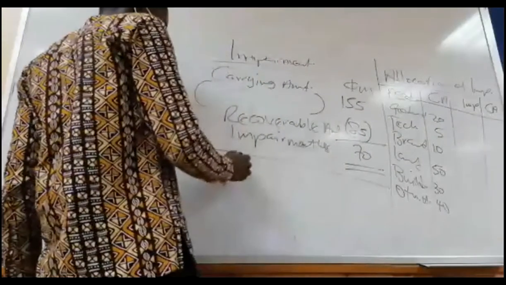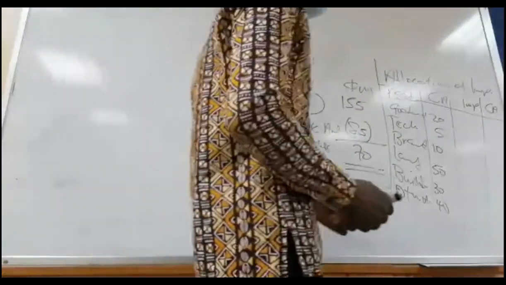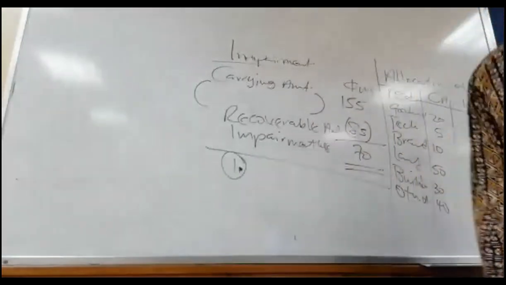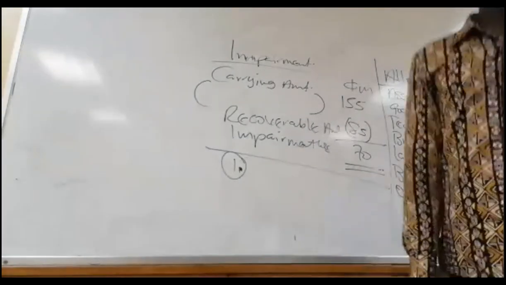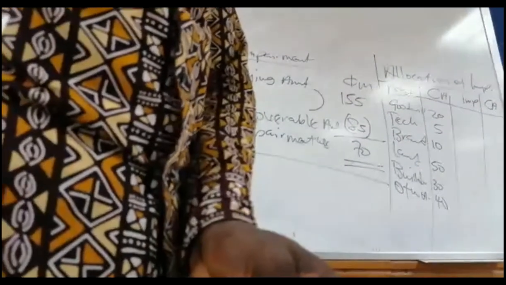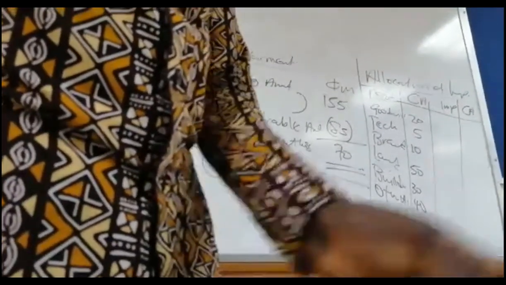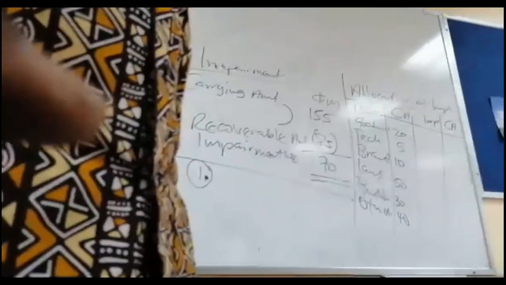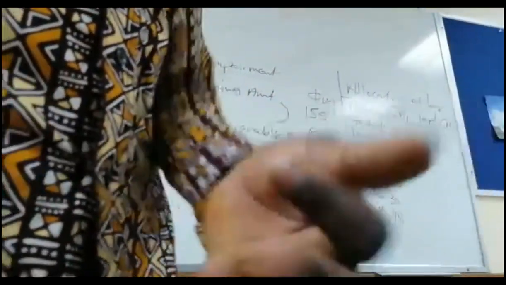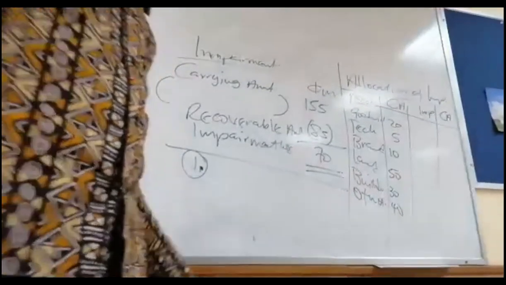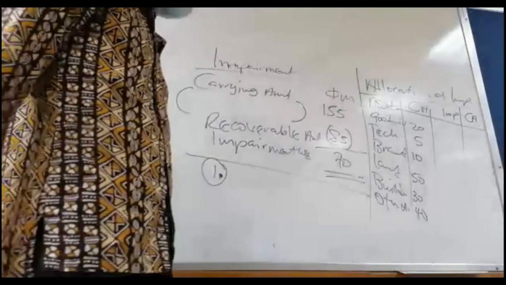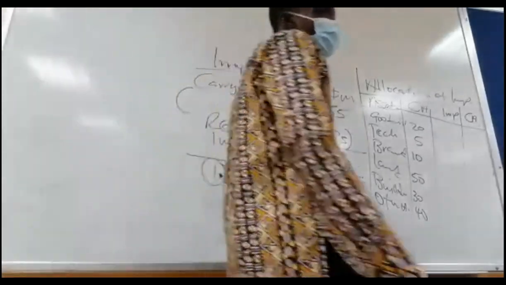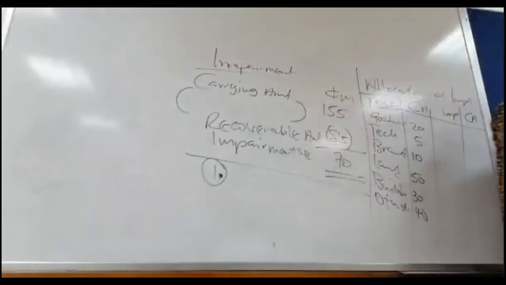Number 1, the first impairment charge must go to obviously impaired assets. So which of these assets is worthless, valueless, obviously impaired?